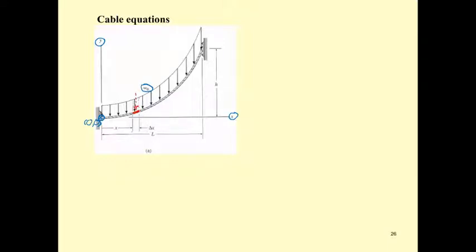If this portion is at distance x from the origin and the small differential portion of the cable has the size of delta x, the resultant force here is going to be W sub naught times x.